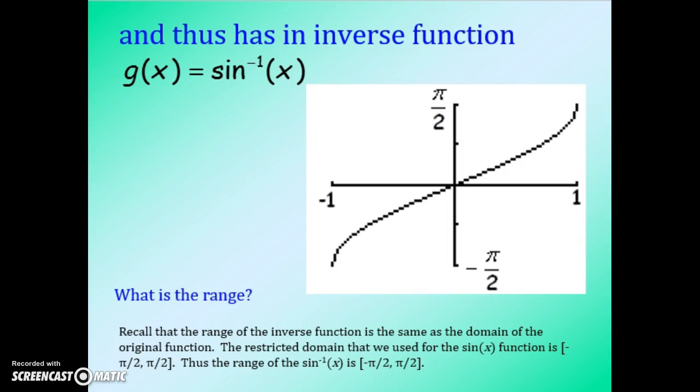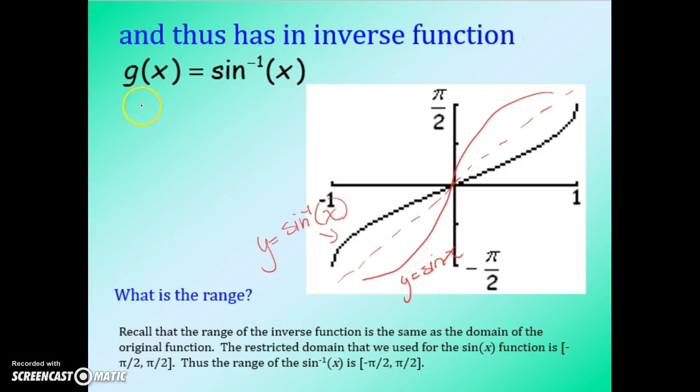And that came from that red box, where we took that little piece of the sine function, and then we reflected that over the line y equals x in the plane, just like we did the other functions. So here is what the original sine function would look like. There is y equals the sine of x, and when we reflect that over the line y equals x, we get the graph of y equals the sine inverse of x.